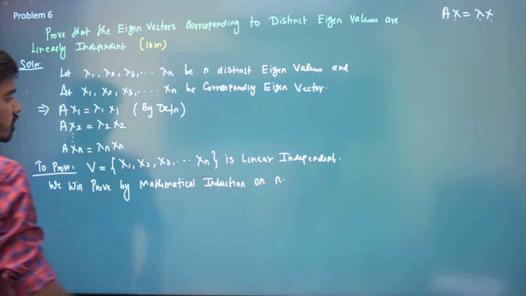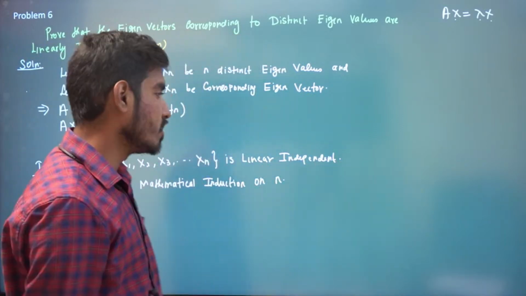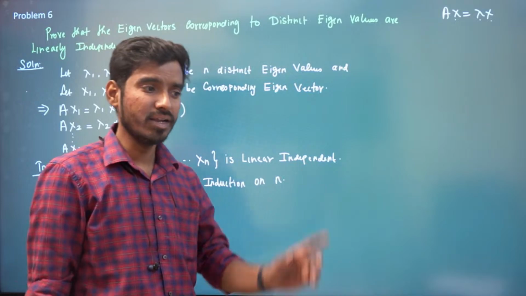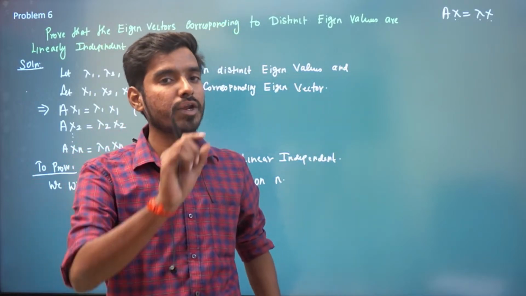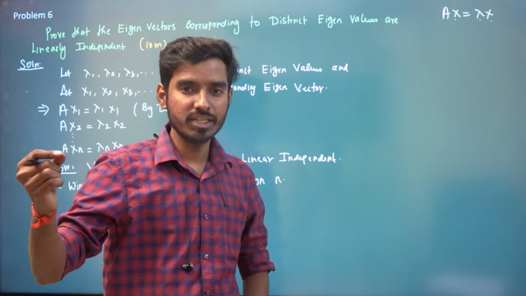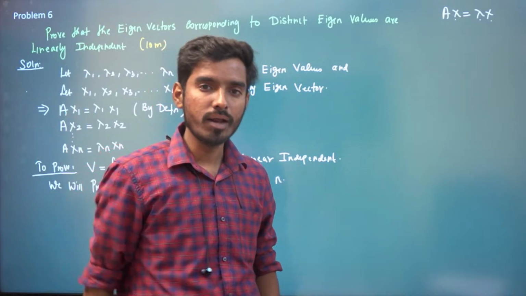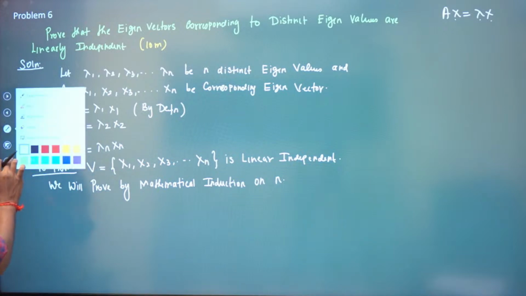This 'on n' is very important, the thing on which you are going to do the mathematical induction. So you know what mathematical induction is, right? I've already explained it in PYQs of some other year. So you need to prove it is true for n equal to 1. You assume it is true for n equal to k. You prove it is true for n equal to k plus 1, right? Okay. So we'll prove this.